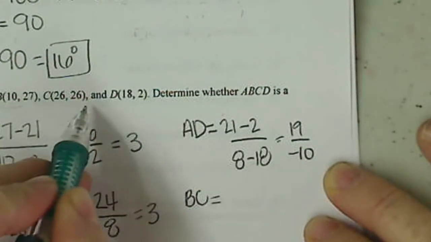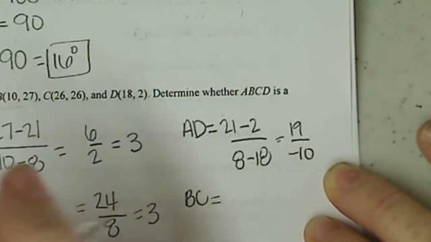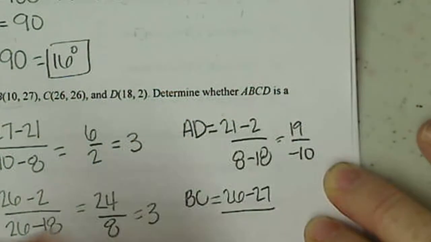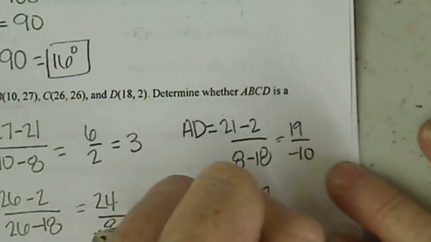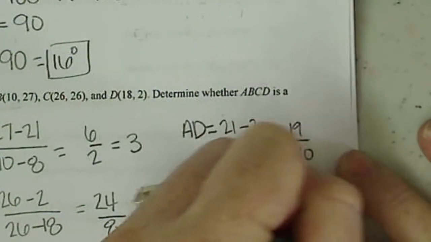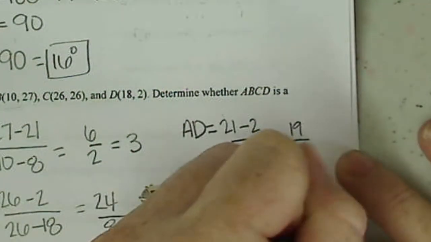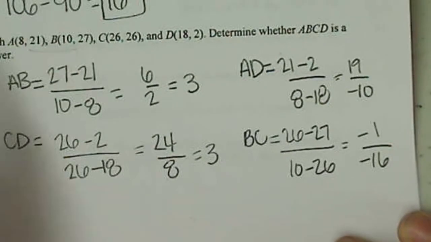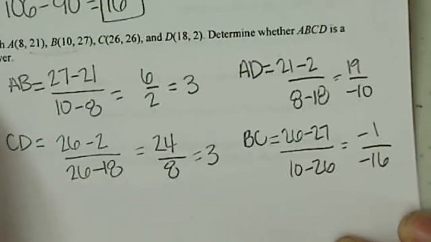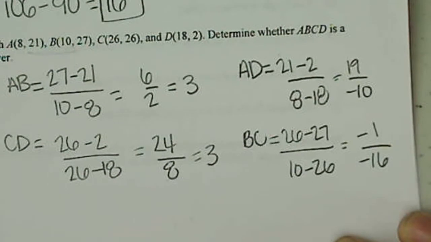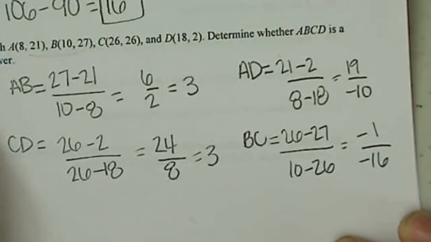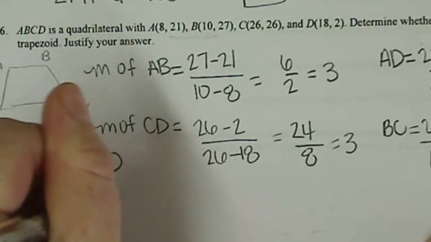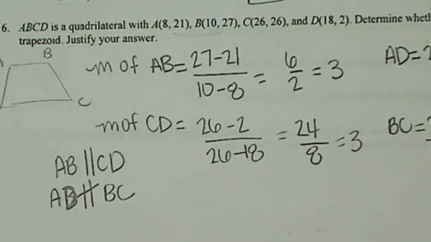So BC, we've got -1/-16. Hey, those are different. That means this is a trapezoid because AB is parallel to CD. Oops. AD is not parallel to BC.